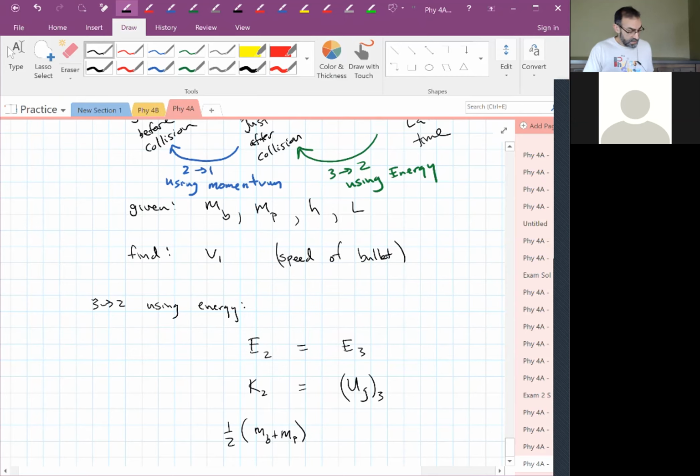One half m v squared has to equal m g h.